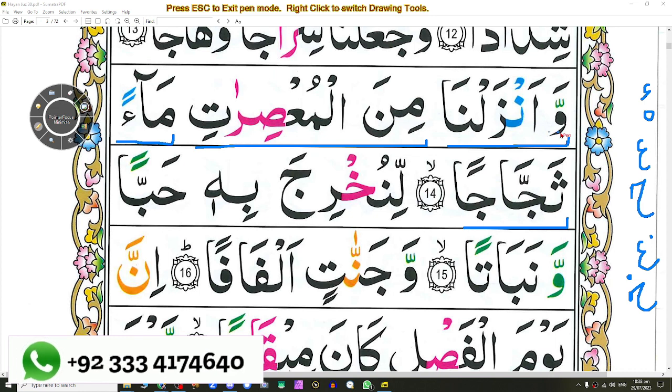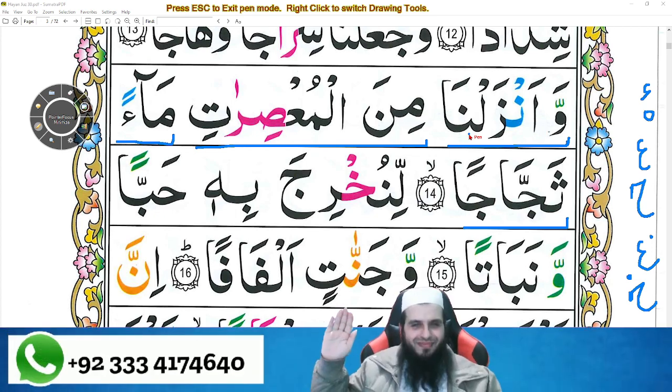Now try to say it like this: wa anzalna. Okay, za must be read with force. The upper and the lower teeth have a little bit of gap. The tongue does not touch anywhere. And you have to make sure that the Z sound is prominent.